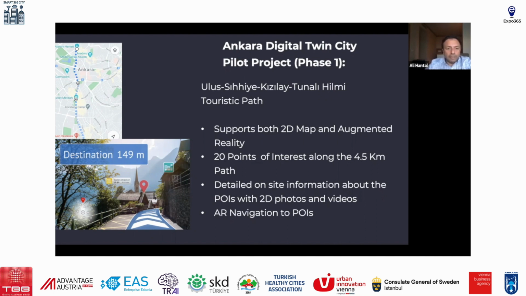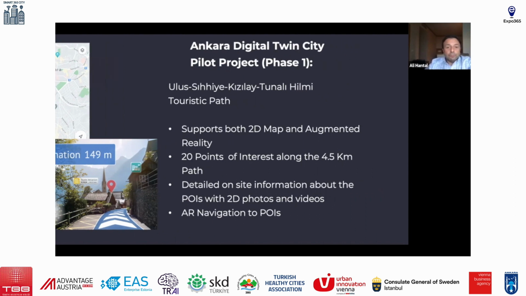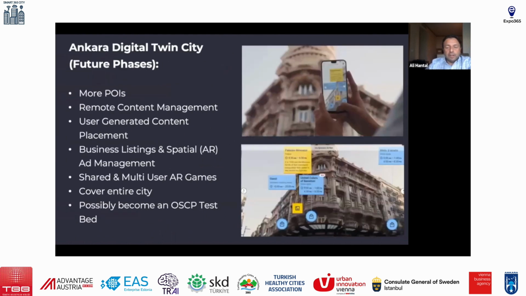On the left, you're seeing images from Bari, and it will be almost the same way, like the one slide that I showed you earlier: in the real world, there will be arrows and directions for the users to go to one of these 20 points of interest. And during the future phases, we will add more points of interest.